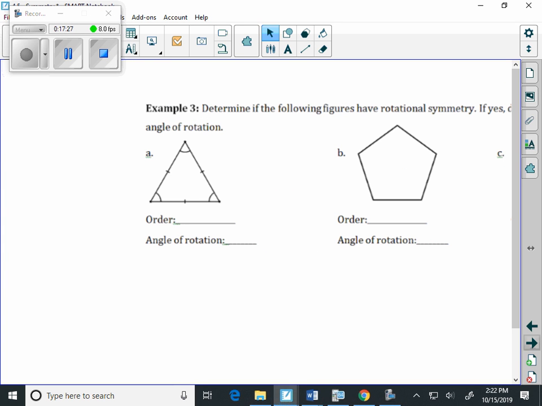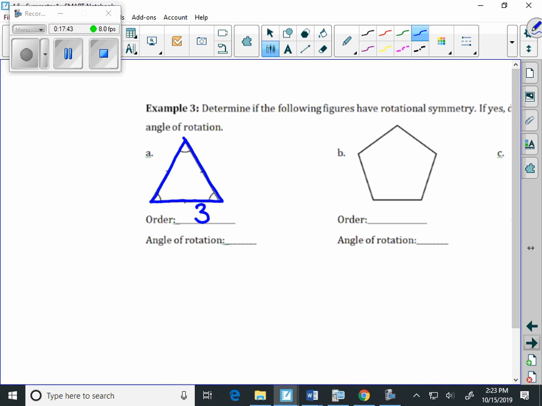So this is a regular polygon. We have 3 sides, so our order is going to be 3. I'm going to try to trace this triangle, though you don't need to do this on your paper. My triangle is not completely equilateral. Good intentions, but it's not quite.